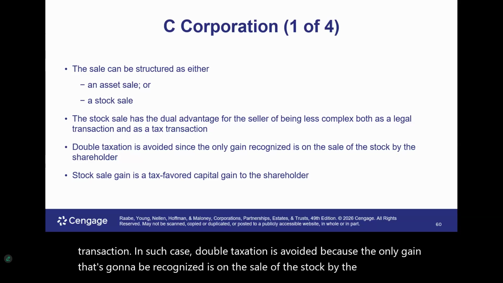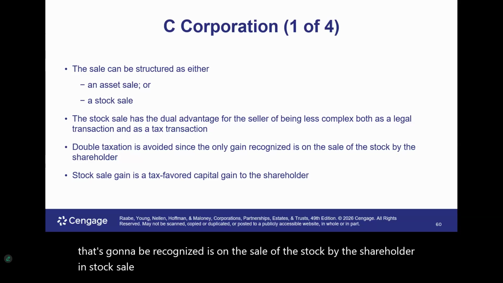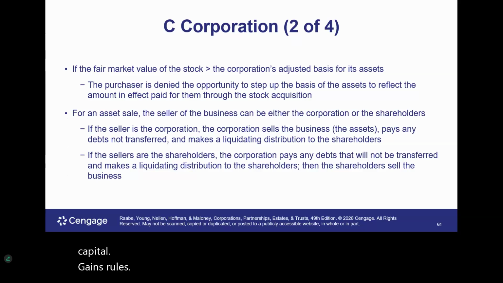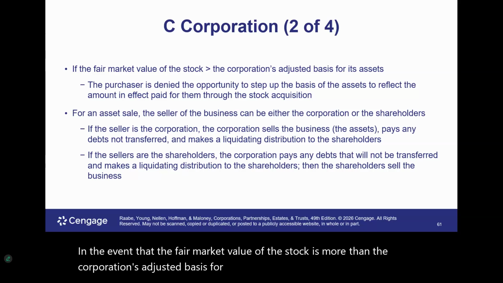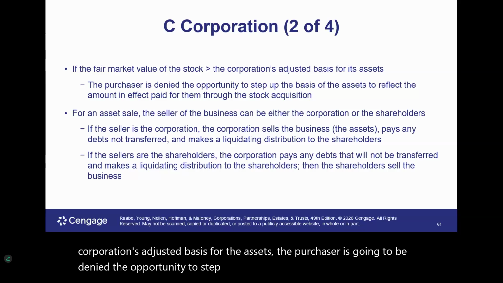And stock sale gains are tax favored, as we know, they're going to be subject to the capital gains rules. In the event that the fair market value of the stock is more than the corporation's adjusted basis for the assets, the purchaser is going to be denied the opportunity to step up the basis to reflect the amount paid for them through the stock acquisition.